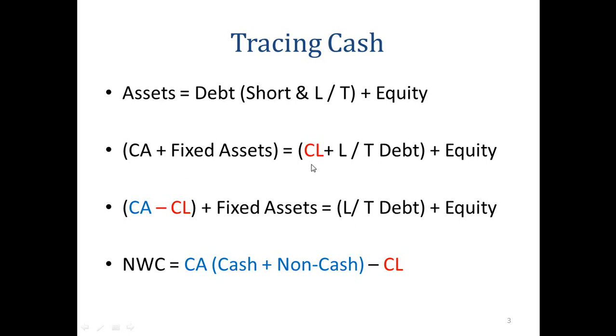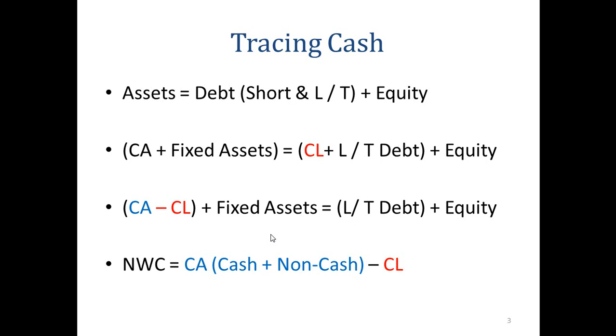Now, what I did here is subtract current liabilities from each side, so that wipes out current liabilities on the right side and brings it over to the left. So it rewrites the equation as CA minus CL, plus the fixed assets, equals all this.